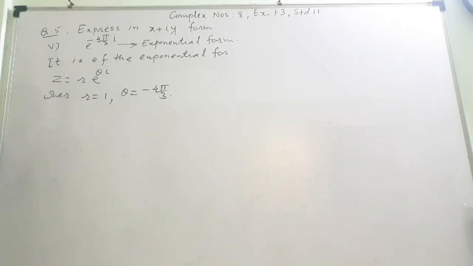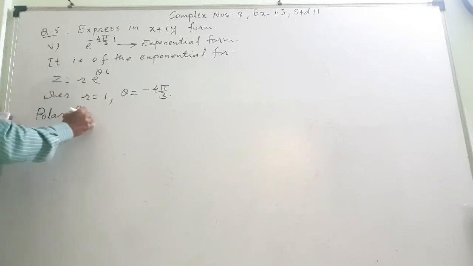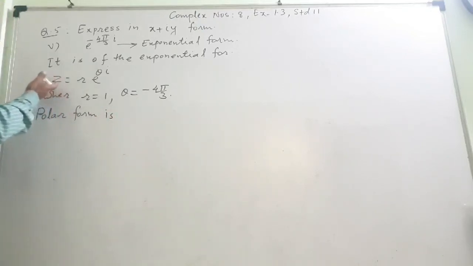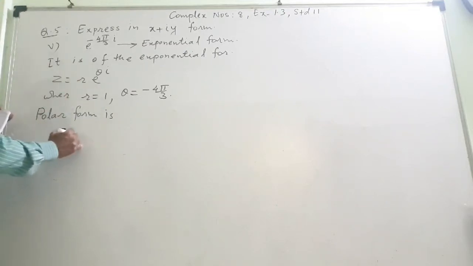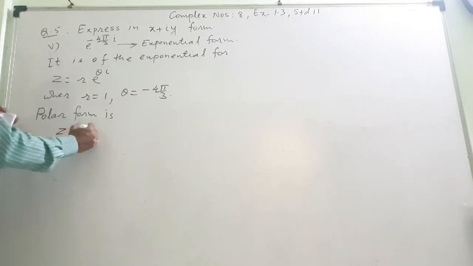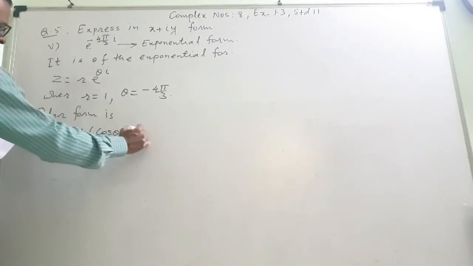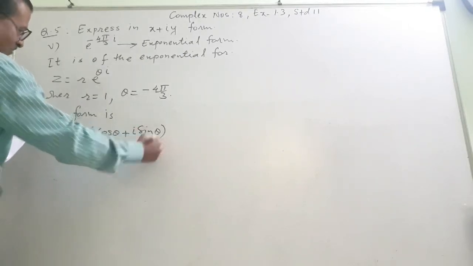Okay, what is the polar form? If we say z is equal to r into cos theta plus i sin theta, this is the polar form.